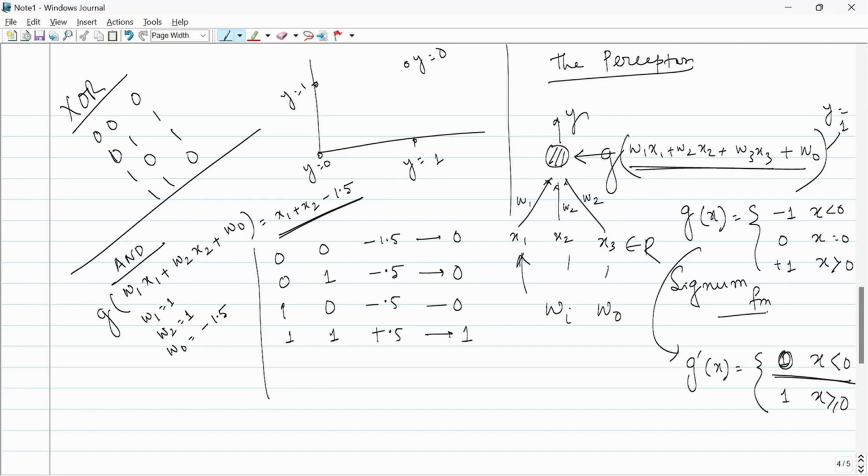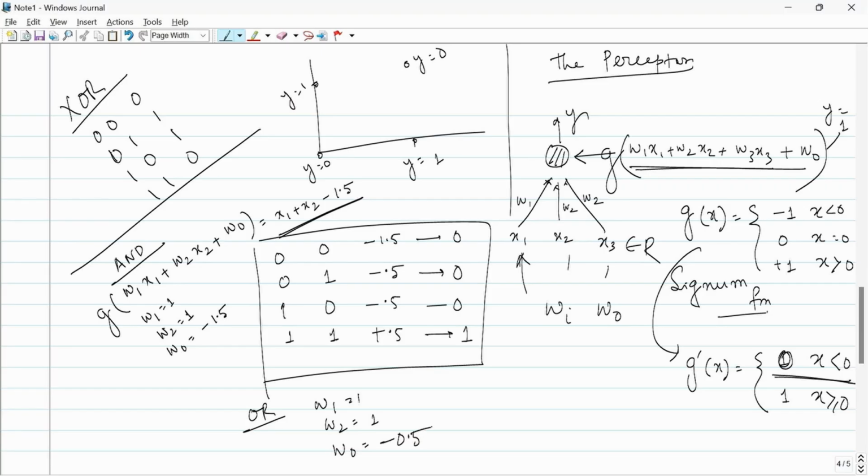Okay, so it is able to mimic AND. Similarly, you will see to mimic OR, w1 should be 1, w2 should be 1, and this bias term w0 will be 0.5, and you will see that with these parameters it will be able to mimic OR.